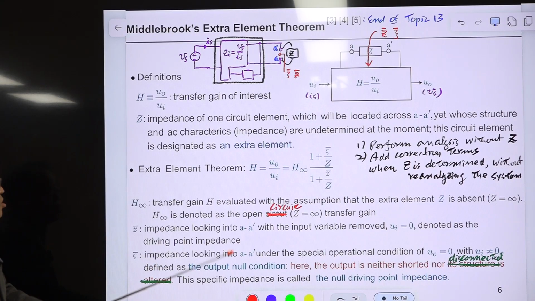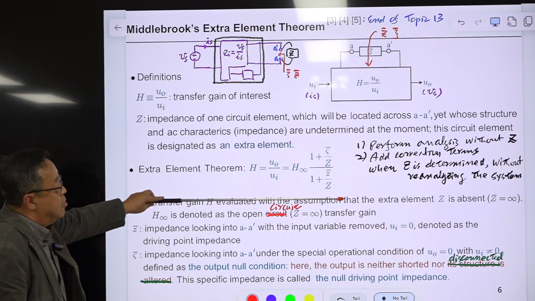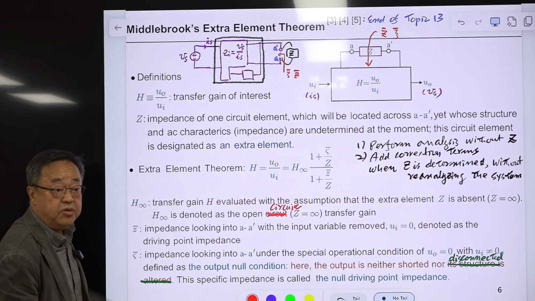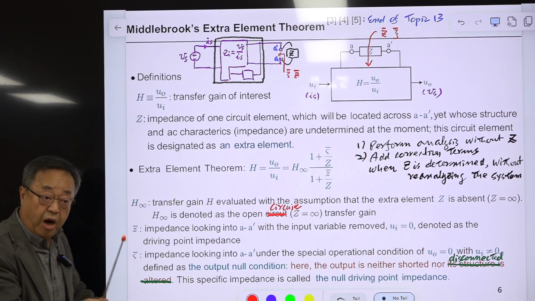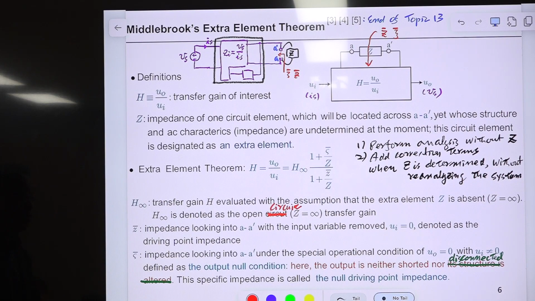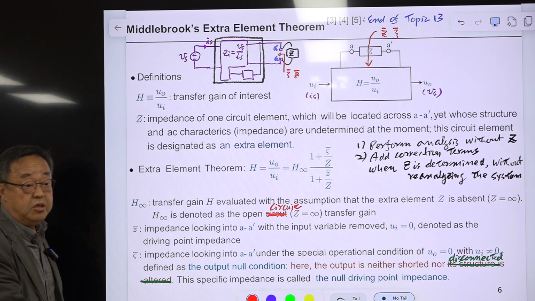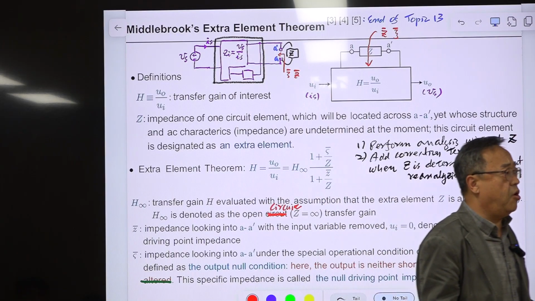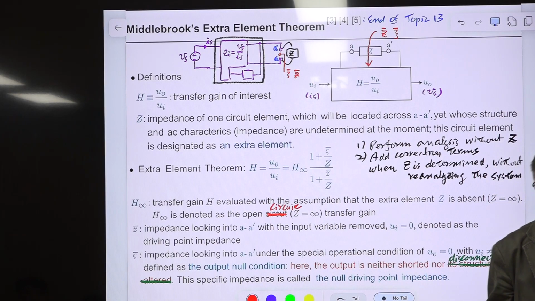So this is the formula that Hendrik Bode proposed, and Middlebrook modified it using the concept of null driving point impedance, the output null condition, and he introduced this into the Power Electronics Society about 40 years ago.